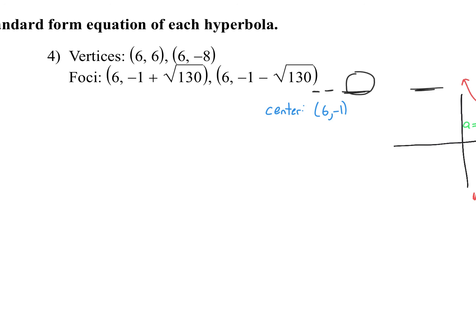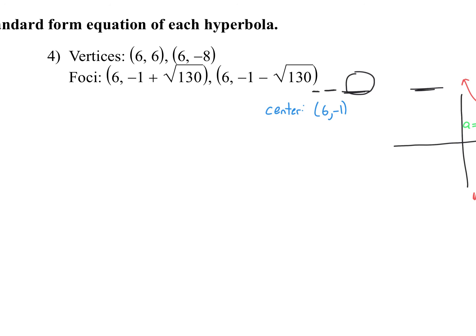The focal point might be up here somewhere and down here somewhere, but from the center, again, the y-coordinate of the center is -1. Adding and subtracting the square root of 130 tells me that our value for c, from the center to there, the value of c is the square root of 130, okay, because that's how far it is to the focus.